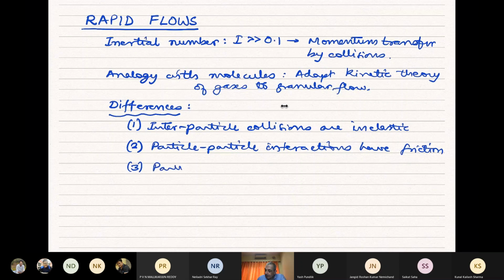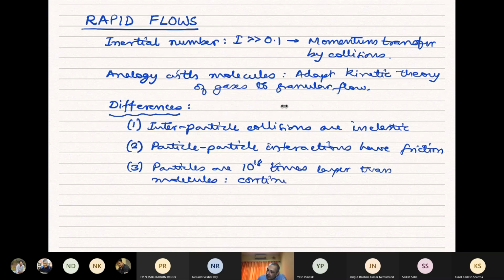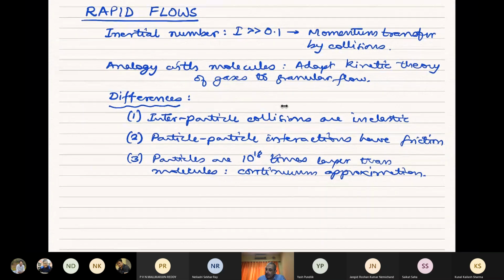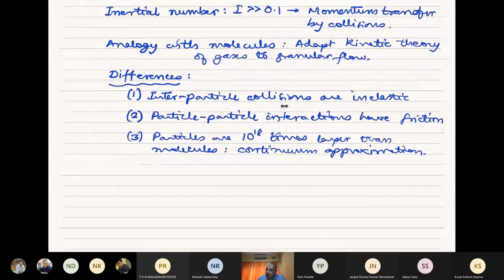Particles are typically 10 raised to the power of 18 times larger than molecules. And here, of course, the main issue is the validity of the continuum approximation. So you need to average much more over time and so forth, unlike in the case of a molecular system.